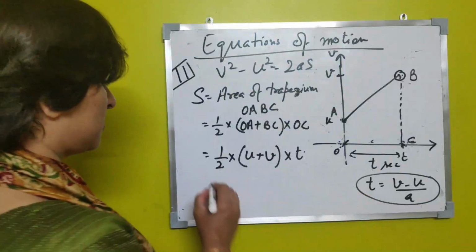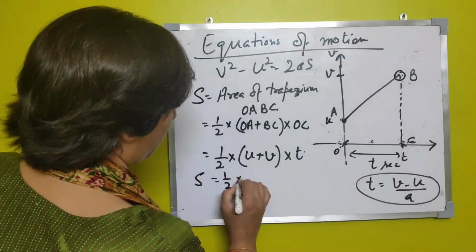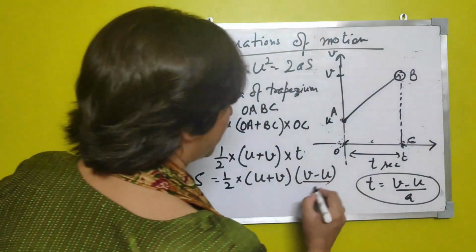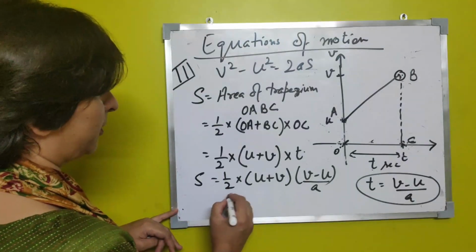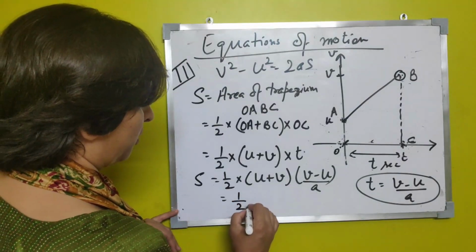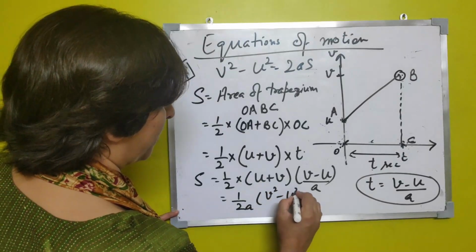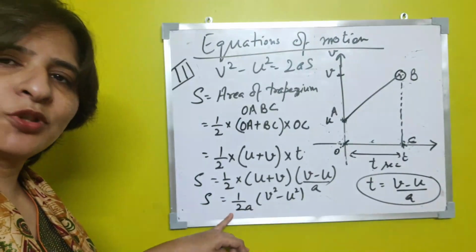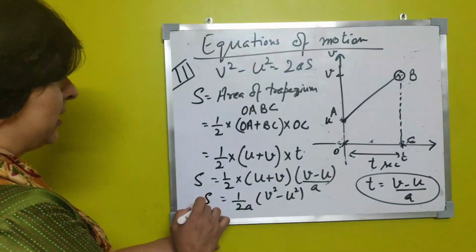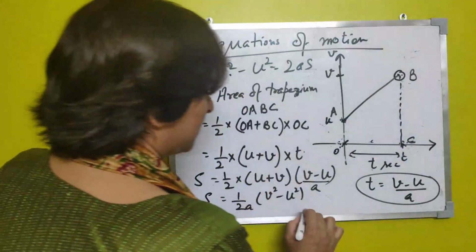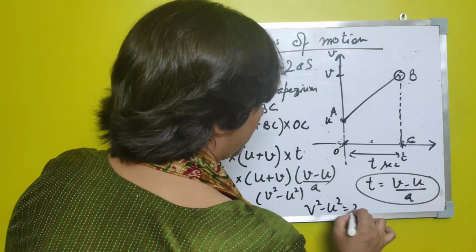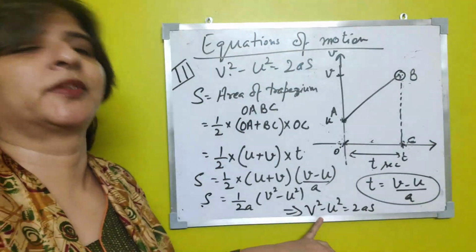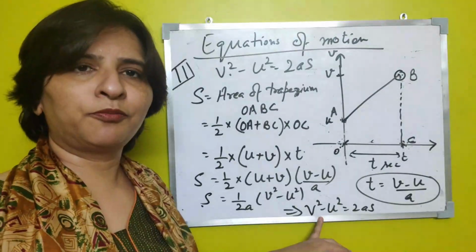I can replace this term as half of u plus v into v minus u divided by a, or this can be 1 by 2a into v square minus u square. We can take this term 2a to this side now, and we ultimately reach our result, that is v square minus u square is 2as. Hence we derive the third equation. I hope the derivation is helpful to you. Thank you.